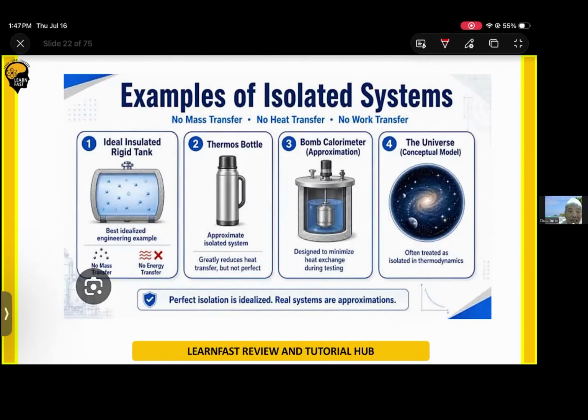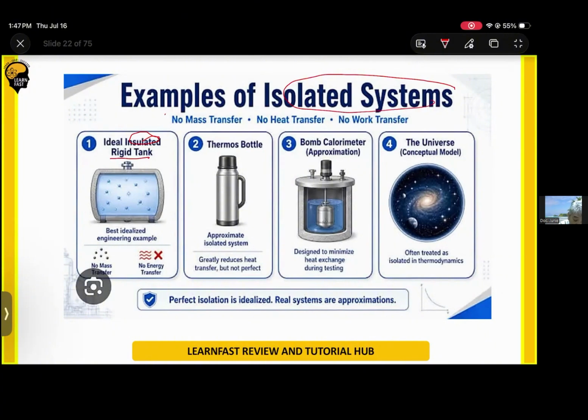So, an ideal insulated rigid tank. Pag sinabing rigid tank, hindi nagbabago yung volume mo. Tapos insulated, ibig sabihin, no energy transfer will take place. Pero posibleng magkaroon ng mass transfer? Hindi rin posible. So no mass transfer, no energy transfer because we're dealing with an isolated system.